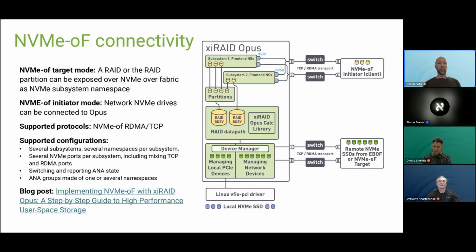And when we operate as an NVMe over Fabric initiator, we can connect network attached drives. The protocols that we support are both RDMA and TCP, and there are many different supported configurations. So if you want to learn how to use xiRAID Opus for implementing NVMe over Fabric, we developed a step-by-step guide, which you can find on our website.